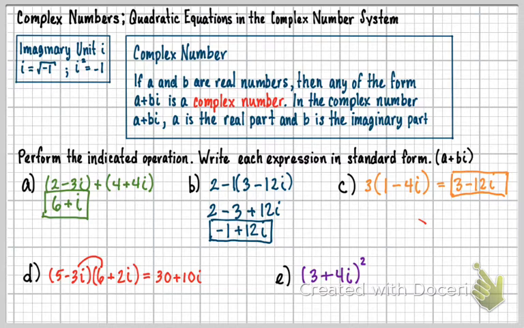So negative 3i times 6, and they're different signs. So that's going to be a minus 18i. And then the last ones here, the negative 3 and the 2i, that's going to be negative 6i squared.